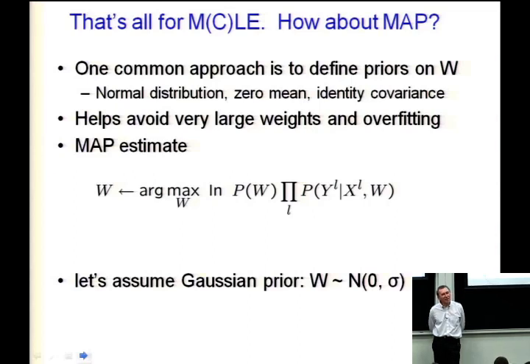The simple way to do that is to put a Gaussian prior on every weight, centered at 0. The mean of the Gaussian is 0, with some variance around it. That's a way of encouraging our weights to be 0 unless the training data suggests otherwise. So think about that, and we'll pick it up there next time.